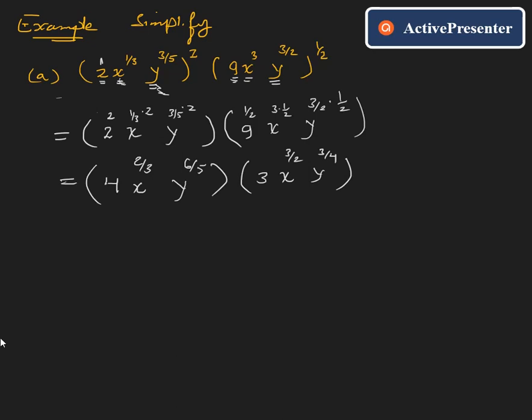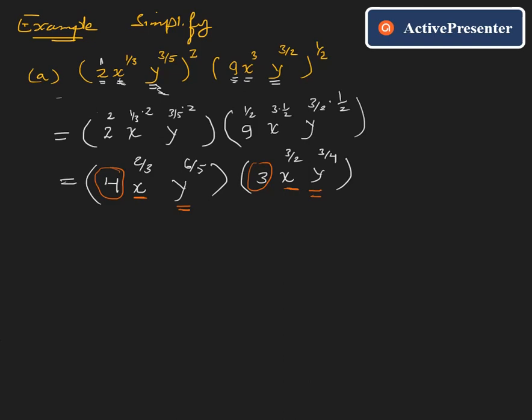Now let's do combining or multiplying with similar bases. Before that, let's multiply 4 into 3, okay. This is the first thing. The second thing, we will multiply similar bases, x here and x here, and y here into y here.